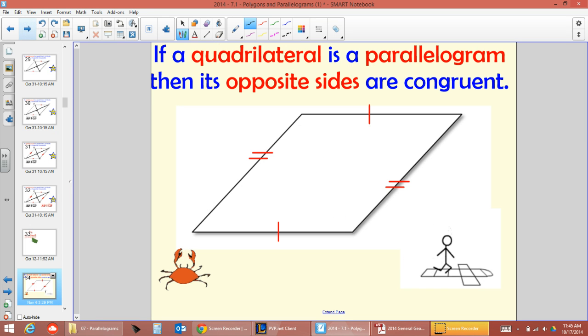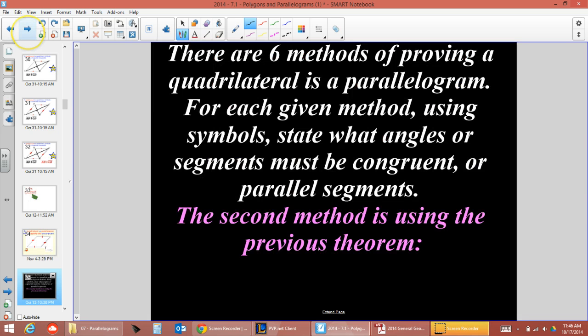So if a quadrilateral is a parallelogram, now notice I'm telling you it's a parallelogram. If I tell you it's a parallelogram, then you automatically know that the opposite sides are congruent. Okay, this goes both ways, but this is a second method of proving that it's a parallelogram.